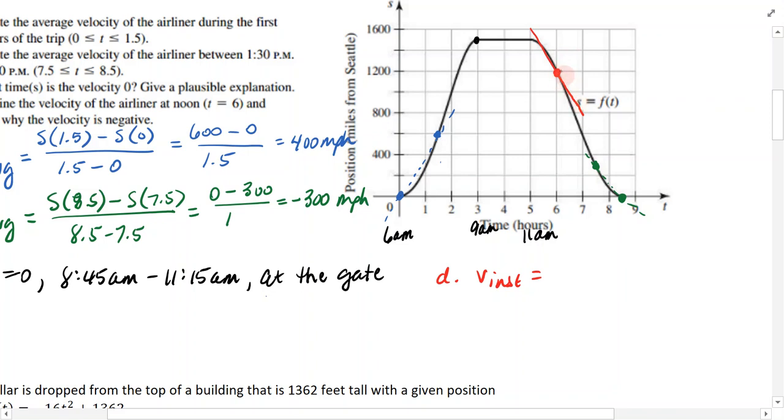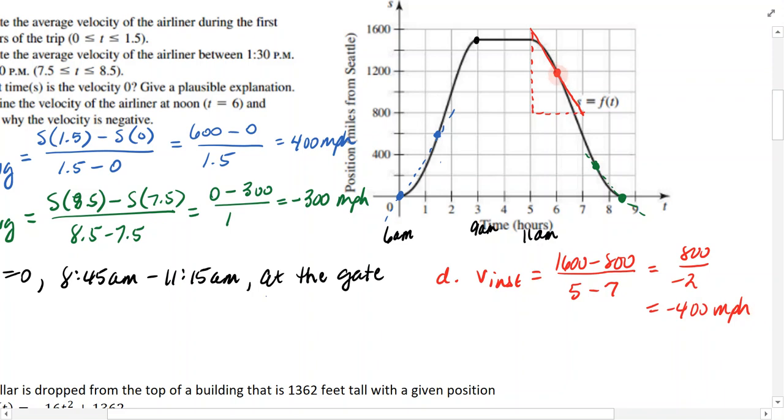I want to know what is the slope of this line at that point, in other words, right? So the slope of this point here is going to be the change in our y values over the change in our x values. And we know that this slope is negative, by the way. But I could say 1600 minus 800 divided by 5 minus 7, or in other words, that would be negative 800, or 800 over negative 2, or a negative 400 miles per hour.